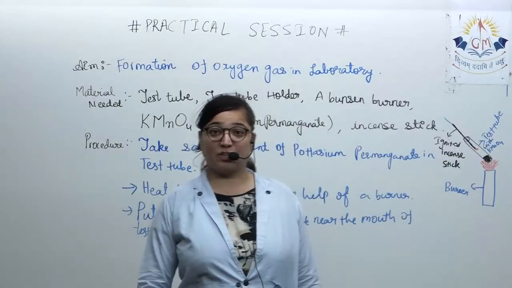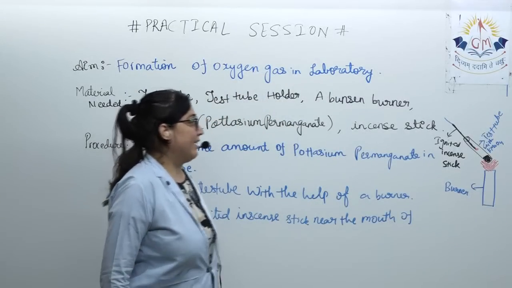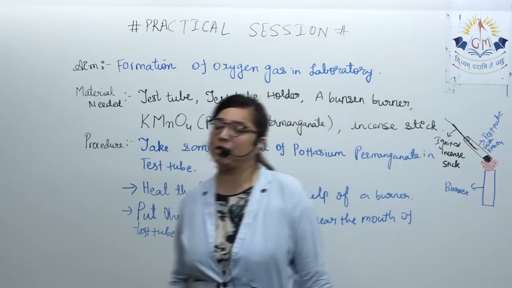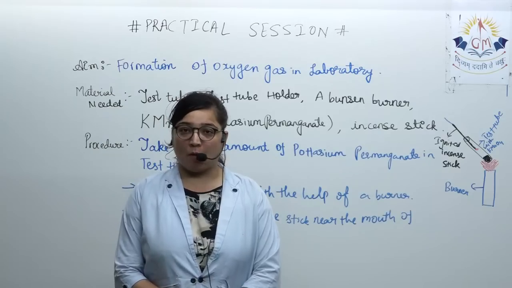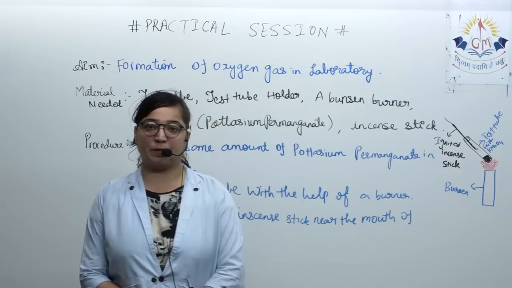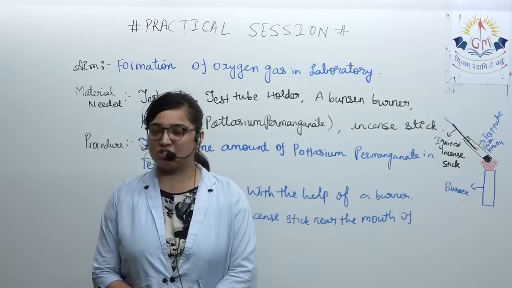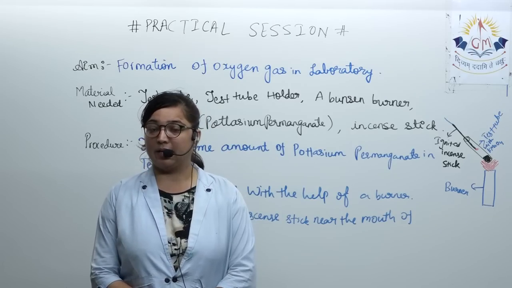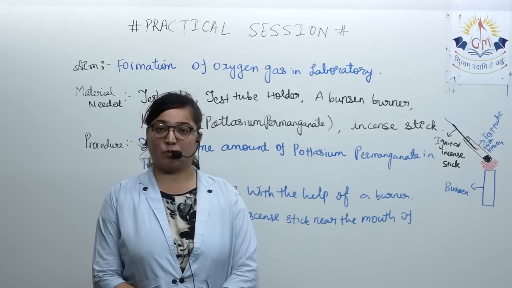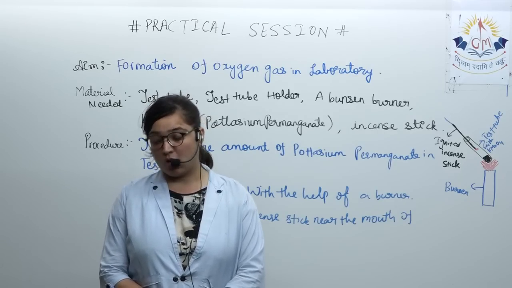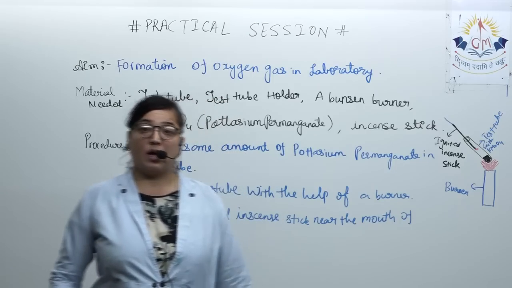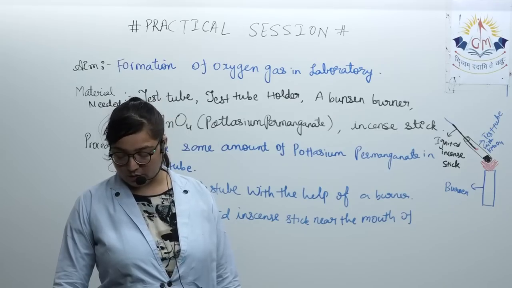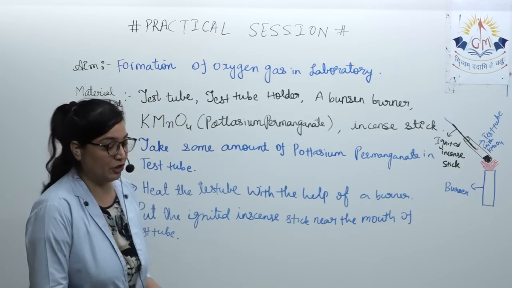So this is what you saw. The ignited incense stick will start burning. Why? Because the gas which is formed on heating potassium permanganate is the oxygen gas. Yes. KMnO4, that is potassium permanganate, when it is heated, we get oxygen gas. So let's have a look at its equation and let us note down its conclusion and observation.